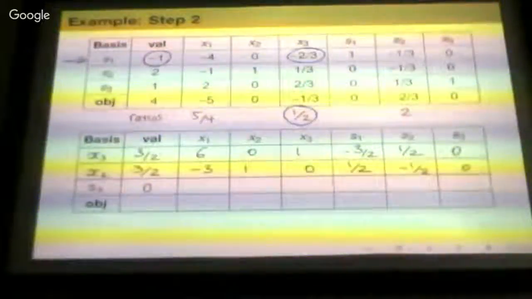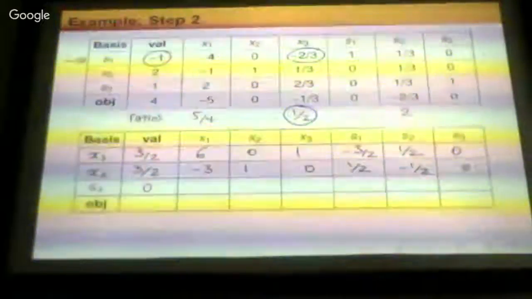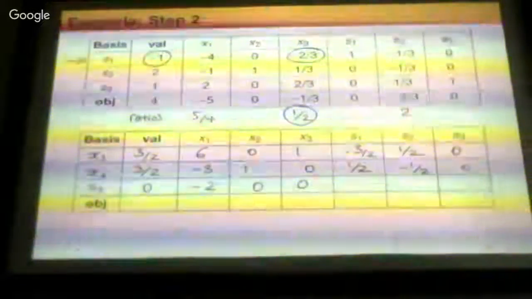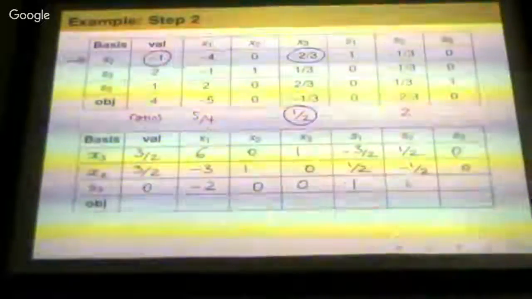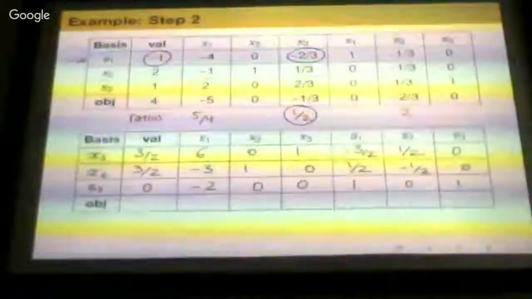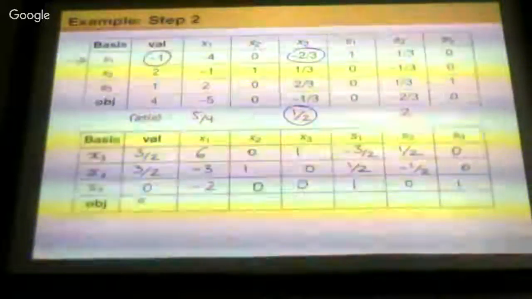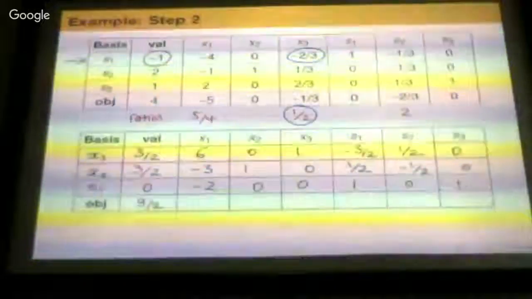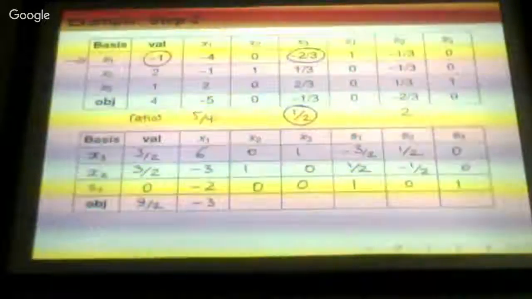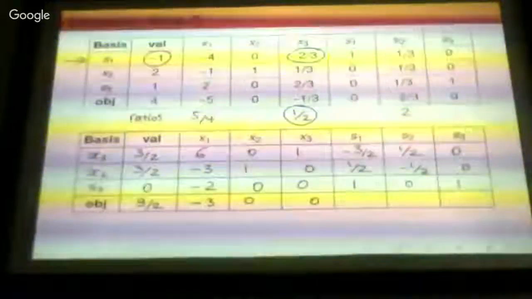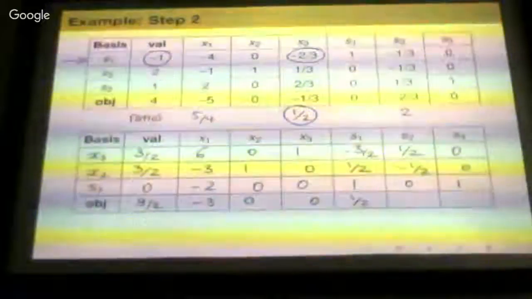Yeah, seems alright. Minus 2, 0, 0, 1, 0, 1, and the objective is 4.5 or 9 over 2, minus 3, 0, 1 half, minus 1 half.